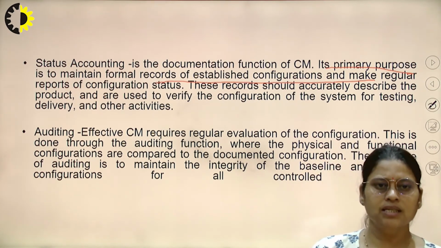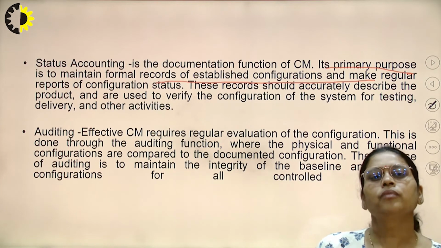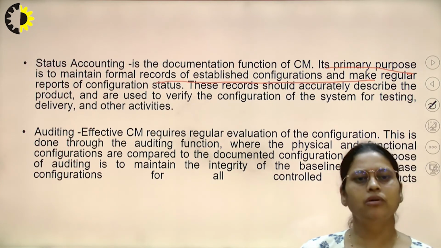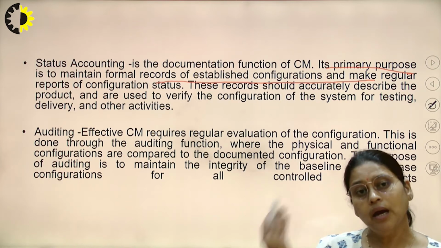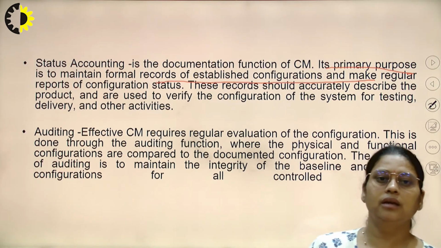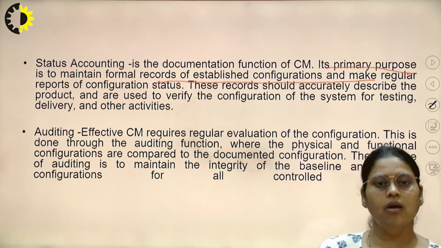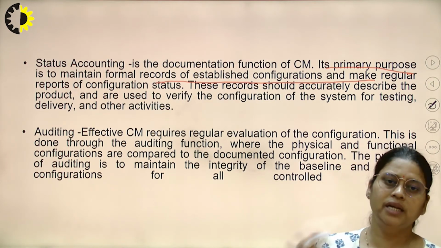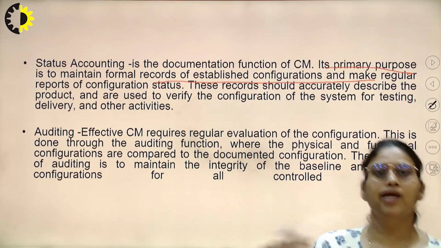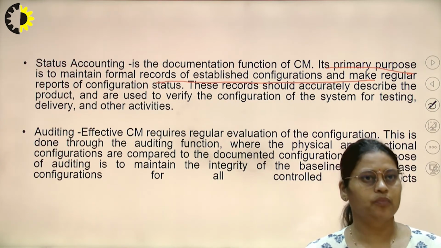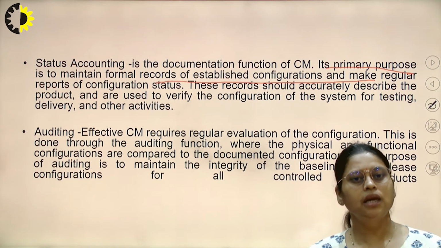This means not only do we maintain records the first time we make some changes, but we also continuously monitor the changes in the software or the project, and we continuously upgrade the document as per the changes in the project.